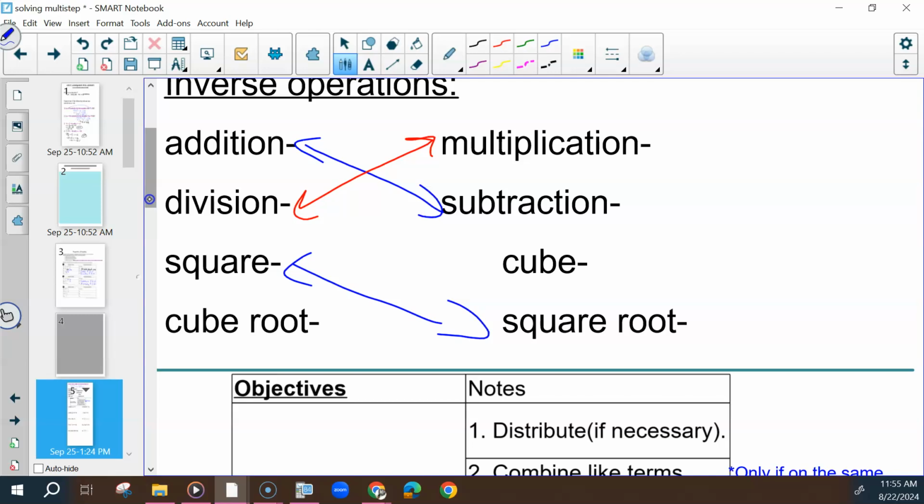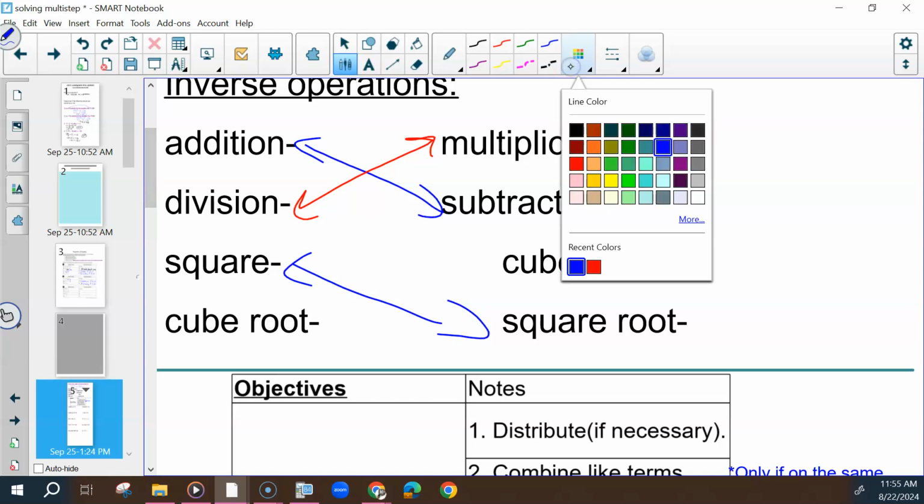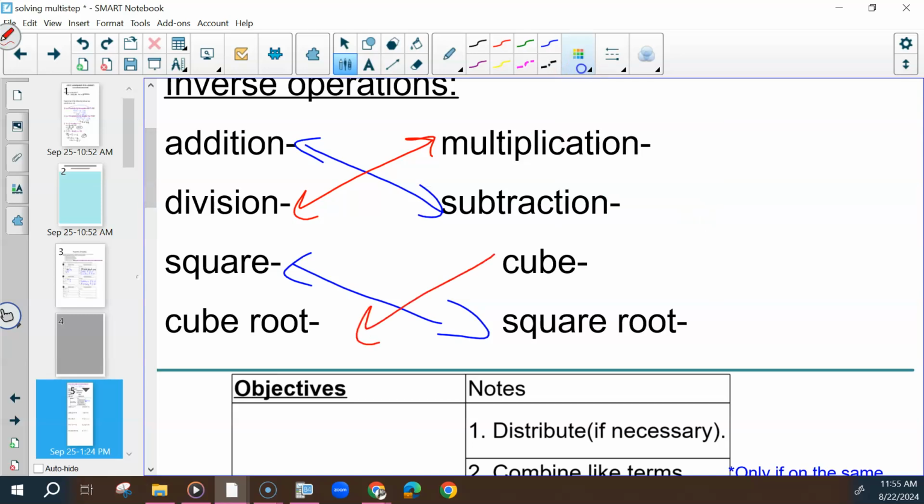So then cube root and cube also undo each other. If I had the cube root of 8, that's 2, and 2 cubed is 2 times 2 times 2, which is also 8. They undo each other.